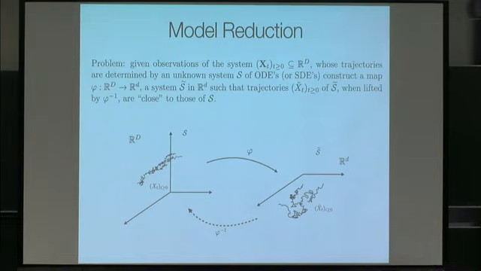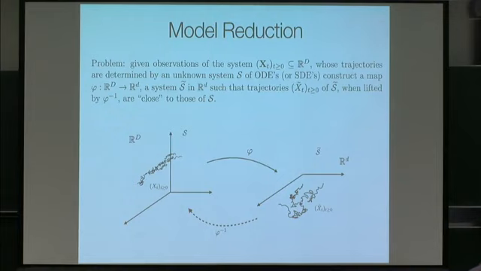And you would like to do this in such a way that maybe you have an approximate inverse that allows you to take an initial condition in the high-dimensional space, go to the low-dimensional representation, run your path, and in a certain sense go back and be able to promise that you're back to where you would have been if you had simulated in the high-dimensional space to start with.